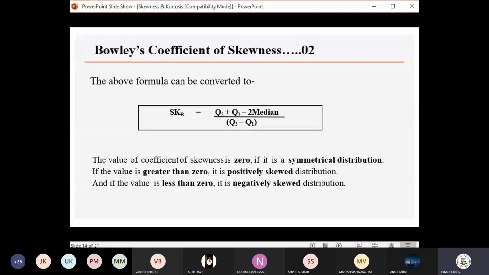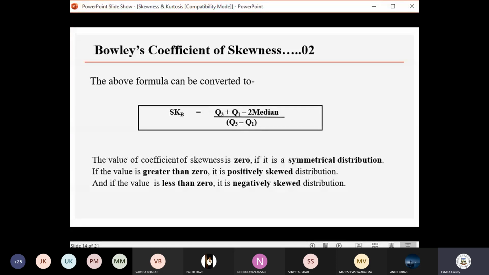Or in a more complicated case, you can have a question where a table will be given to you and you will be asked to calculate the SKB. It will be a more lengthy problem.